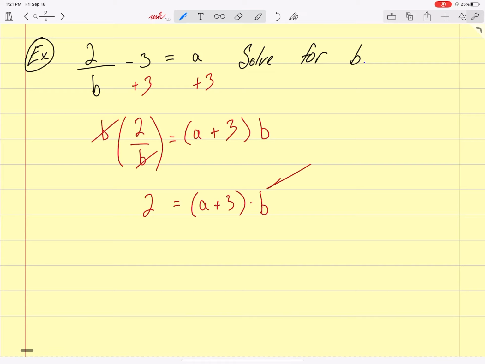So normally we would distribute this b into that or something like that. You might just be used to working through things like that. But in this case, since we just have one single b in there multiplied by something, and we're solving for b, we just have to divide by a plus 3. You divide by the whole thing. So b equals 2 divided by a plus 3.